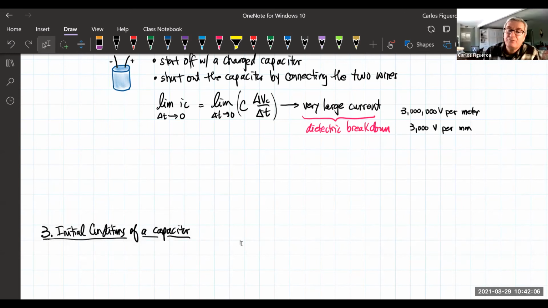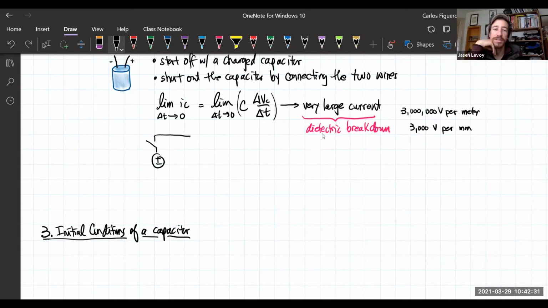So you have to be careful here. You're talking about a capacitor that's not connected to an outlet, just a charged capacitor. So you can do this thing right here. If you look at the old school, dVc/dt is huge.